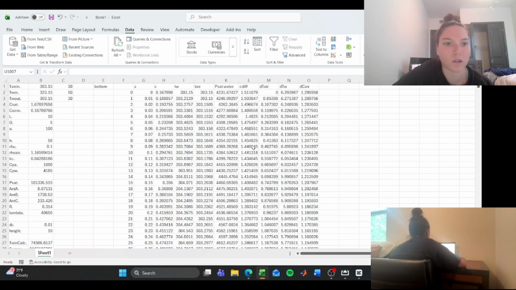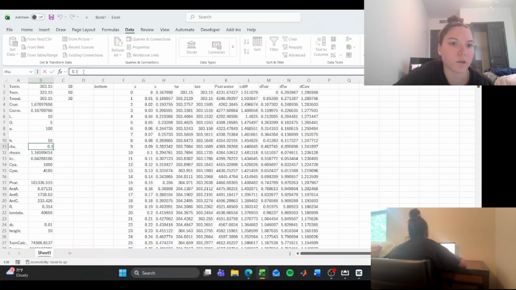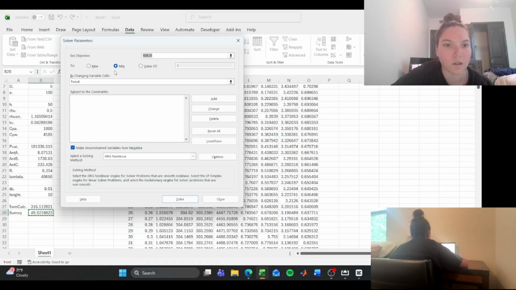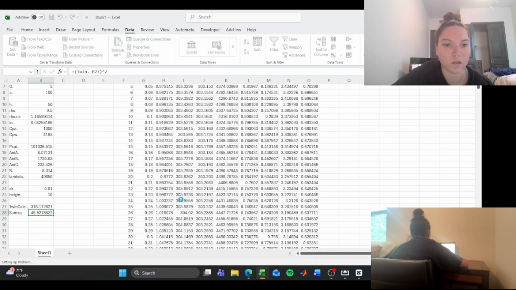So this time we're going to have the relative humidity be 50%. This is still the same. So now we're going to use solver again. Let's minimize TW out, and solve.